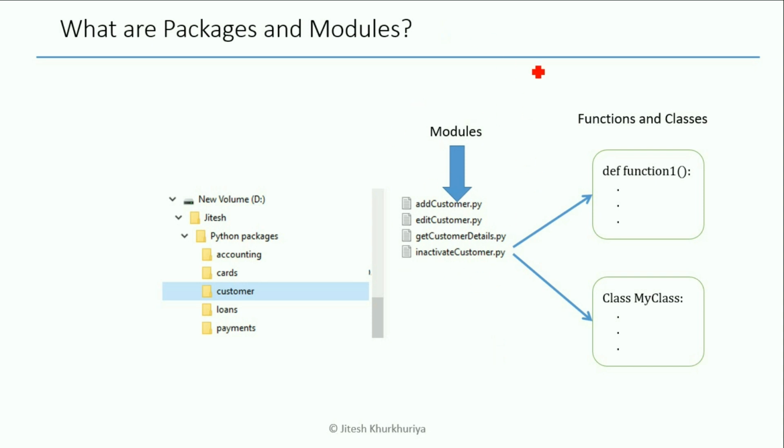So we can have a module to add a customer, or module to edit the details of the customer, or even delete or inactivate a customer. Okay, so each of these programs will do some specific processing of the data, and they are called as modules. Okay, I hope that explains what the modules are.